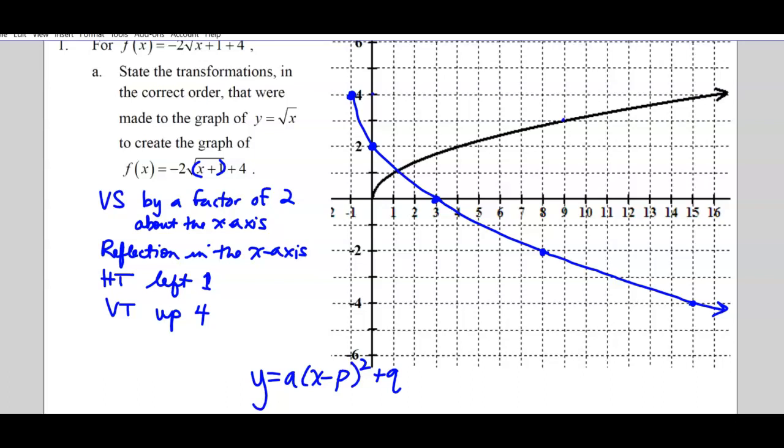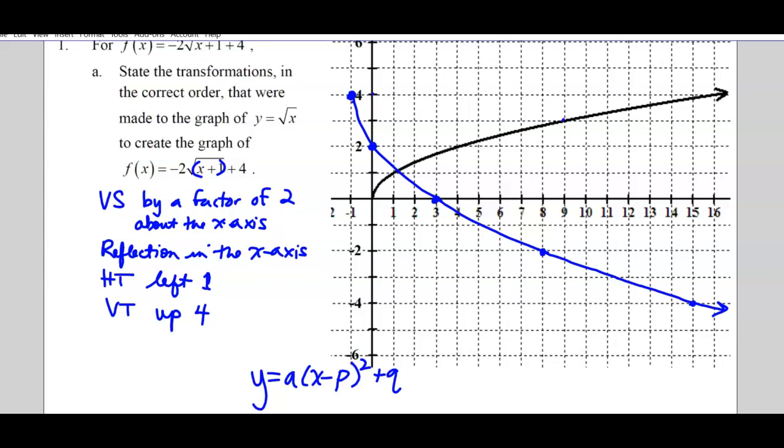So here, we said use transformations, but you could look at this and go, okay, my vertex is -1, 4. It's got to open the other way, right? The arm has to go the other direction because it's negative. And it's stretched by 2, which means 1 unit over has to be 2 down instead of 1.